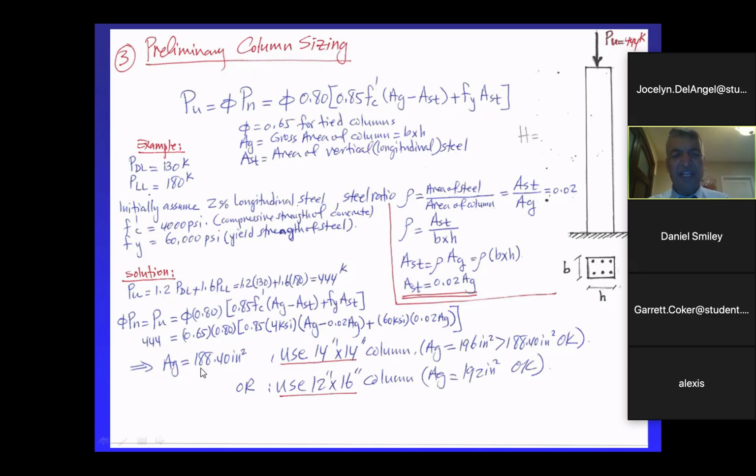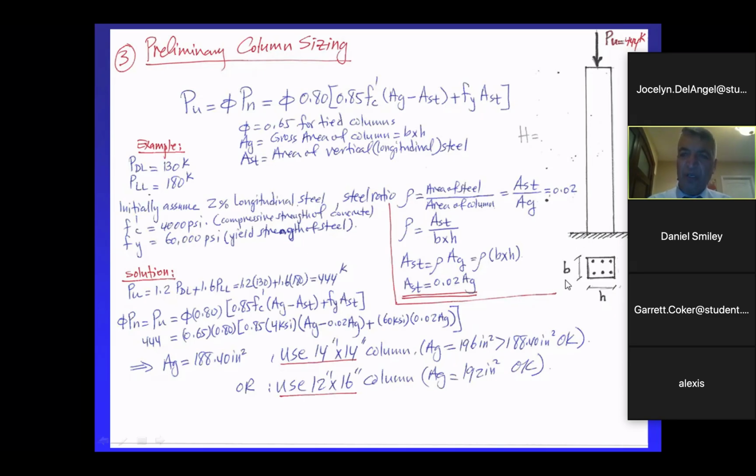So if you take the square root of 188, it is equal to 13.7. So 13.7 times 13.7 gives me 188. But do I want to build a concrete column that is 13.7? No, I'm going to make it 14. So I'll do 14 by 14, and that will give me that area.